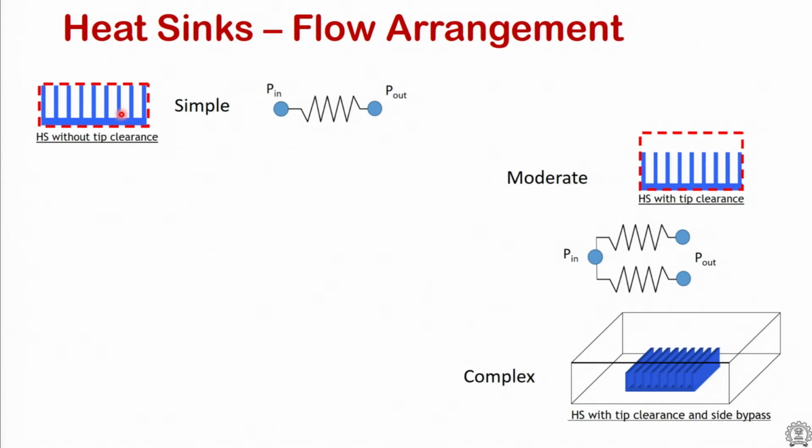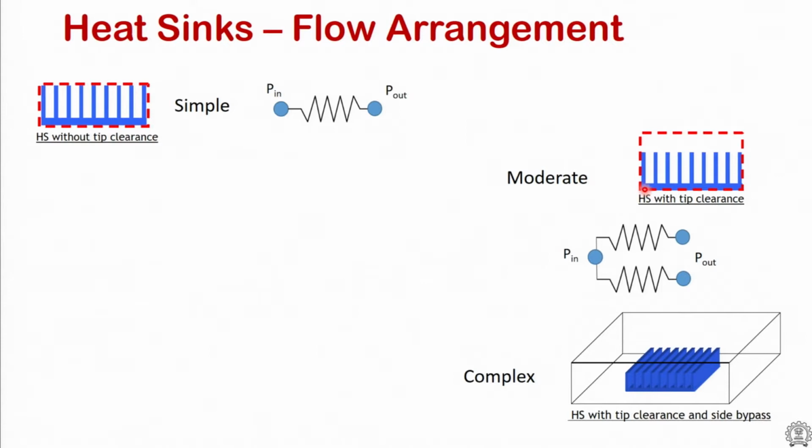This typical situation is called heat sinks without any clearance. In terms of hydraulic resistance, one can write pressure inlet minus pressure outlet as a flow resistance offered by the heat sink itself.